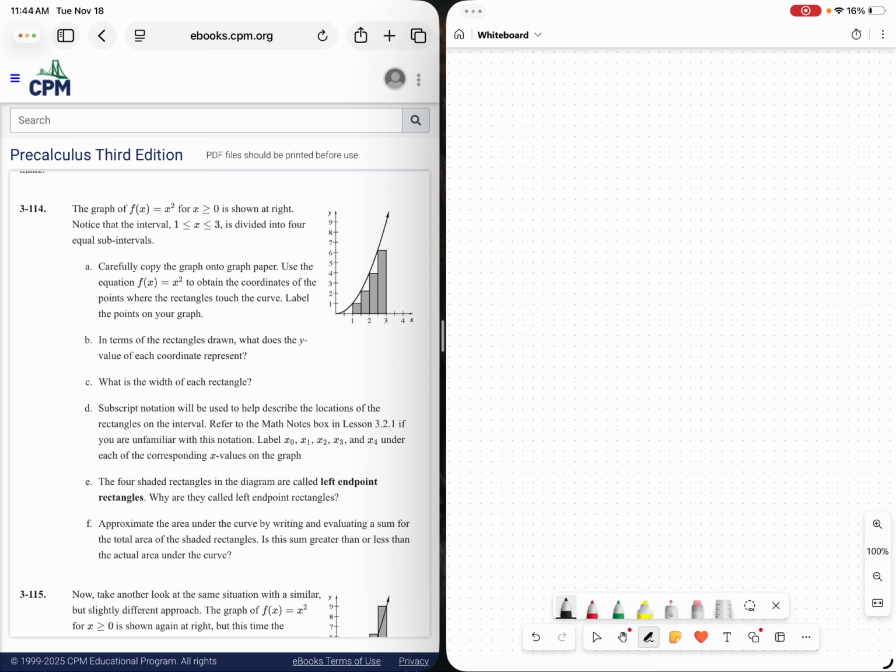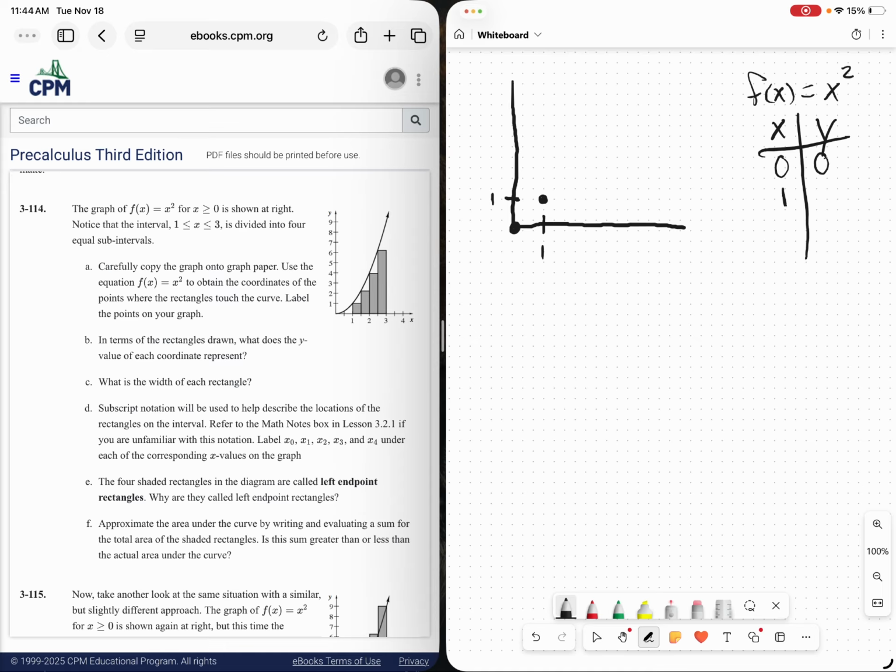So I'm going to do the best I can here of trying to graph this. If we look here, we have the point 0, 0, and 1, 1, because f of x equals x squared. So if we're graphing this, 0 plugged in gets me 0, 1 gets me 1, 2 would get me 4, 3 would get me 9.